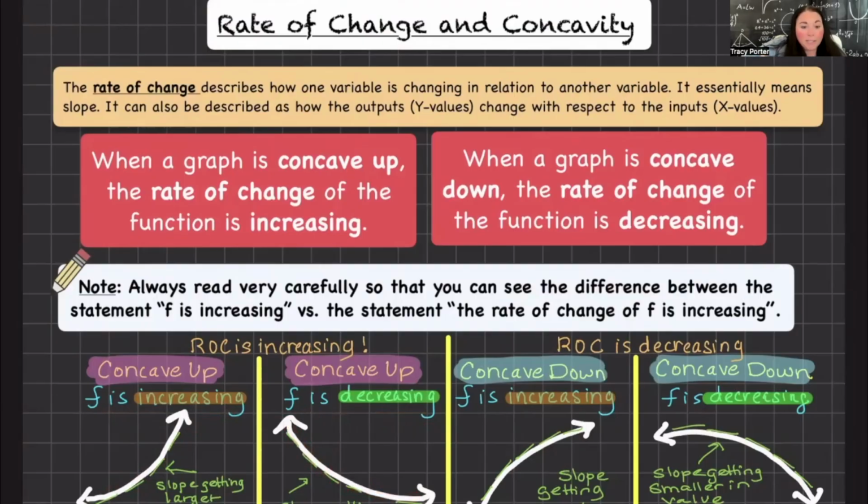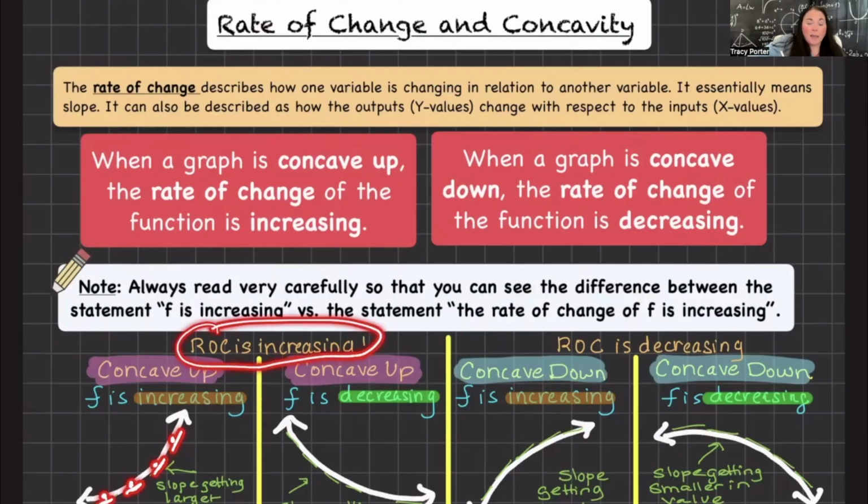But if we do consider the slope, if we look at the slope at one particular point, and travel along, looking at the slope of all those little lines, you can see the slope would actually be getting larger in value. If it's getting larger in value, the slope is increasing, or we say the rate of change is increasing.